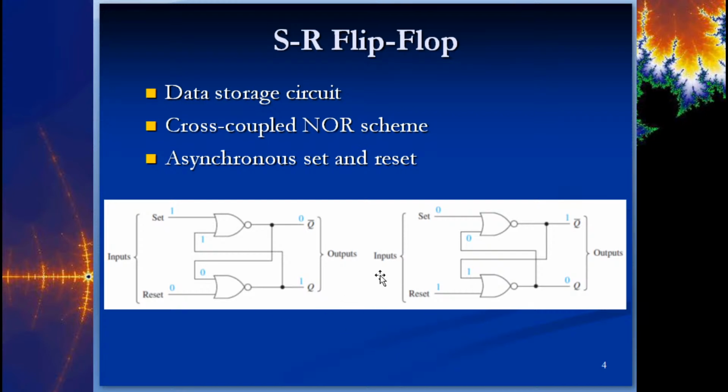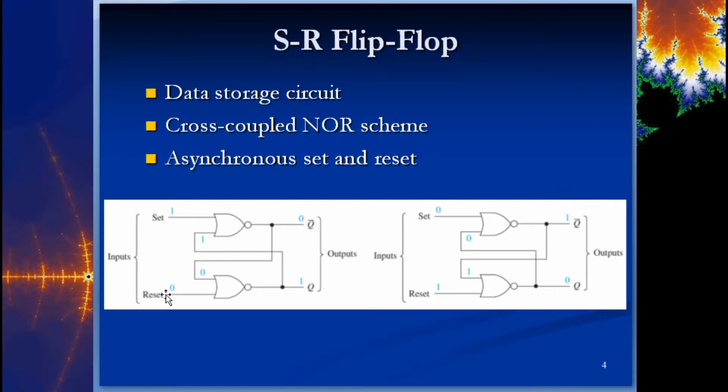Okay? So if you remember from this, if we have a 0, 0, that is what we call the hold condition. And it will retain whatever Q and Q naught were before. If you see a 1, 0, which is what the example is here, I'm sorry, this is the set condition because set is up here.